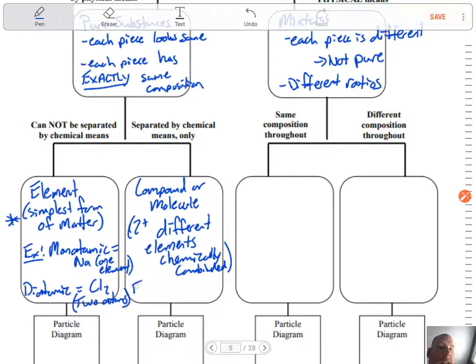Well, can you guys think of an example from everyday life, past experience of science? What's an example of a compound? Best example, H2O, sodium chloride, NaCl. You've probably heard of those. All right, so pure substances, you can have either an element or a compound. Okay, if it cannot be separated by chemical means, it's element. If it can be, then it's going to be a compound.